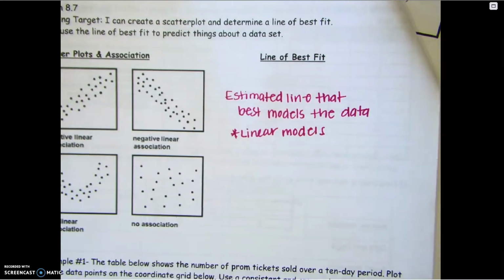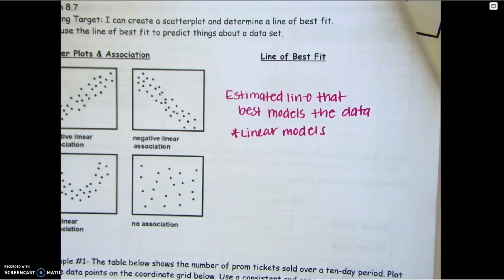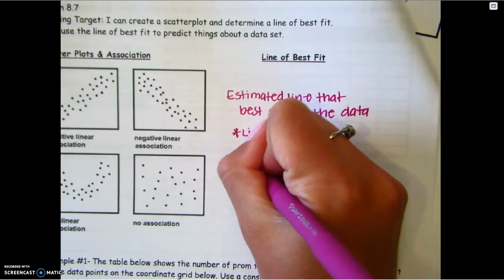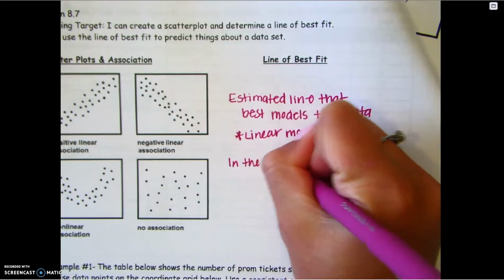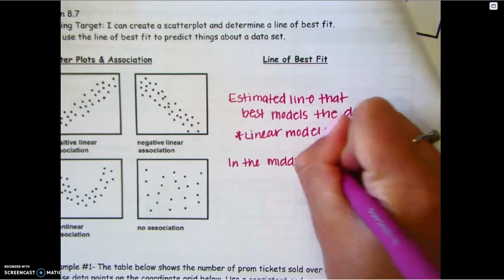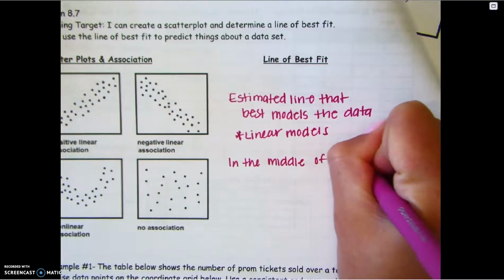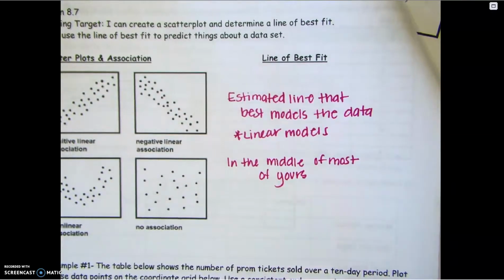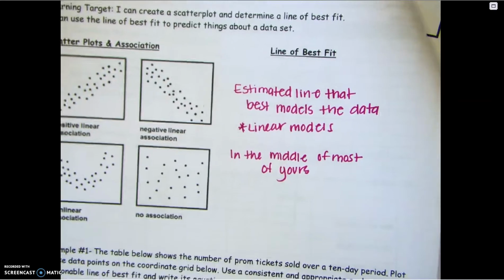Okay, but we want to make sure when you do lines of best fit, you want it to be in the middle of most of your points. Sometimes there's outliers, but you want your line of best fit to model the most of the data. So we're going to talk about how to make one of those and everything like that.